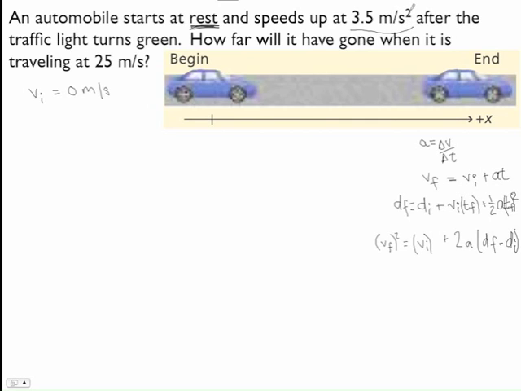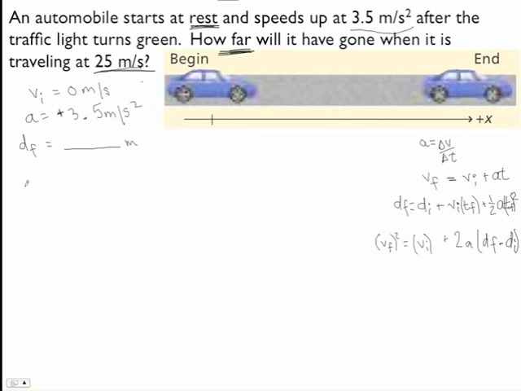But if you see this squared, you know that that is your acceleration. I'm just going to put a positive here. And when we want to know how far, that's your final distance. How far is it gone when it's finally traveling at 25 meters per second?